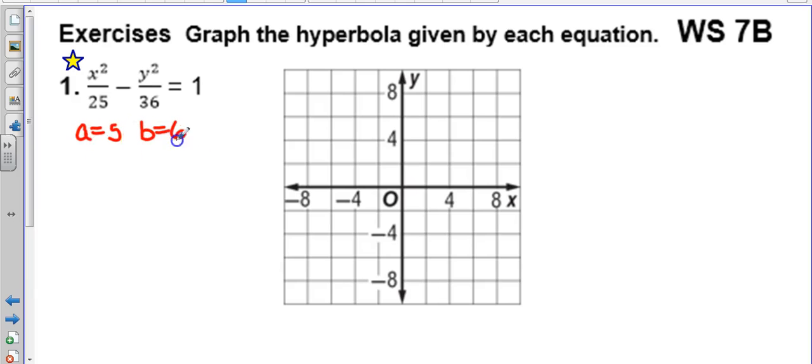This time B is bigger than A. Does that matter? Nope. Okay, it matters that the x is what's positive, so we're going out 5 that way, and 6 up and down.